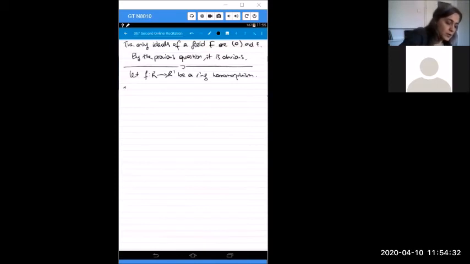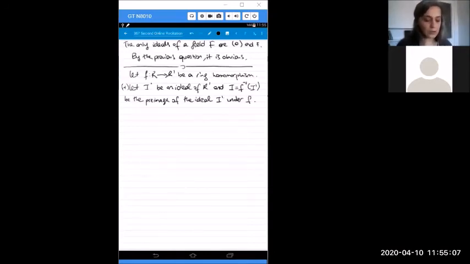As the first part, let I prime be an ideal of R prime, and I be just the preimage of this I prime, the preimage of the ideal I prime under the homomorphism f. Okay, this is just the preimage.